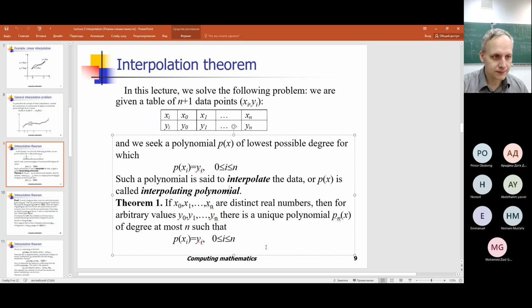Such a polynomial is said to interpolate the data, and it is called the interpolating polynomial.